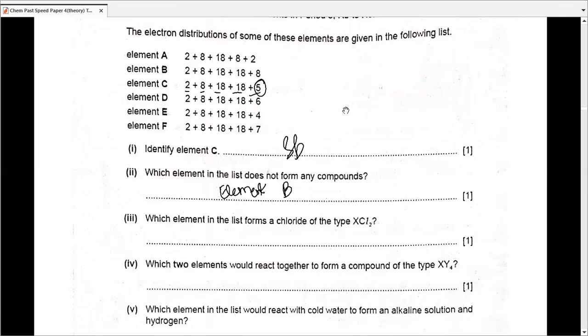Okay, so which element in this forms a chloride of the type XCl2?